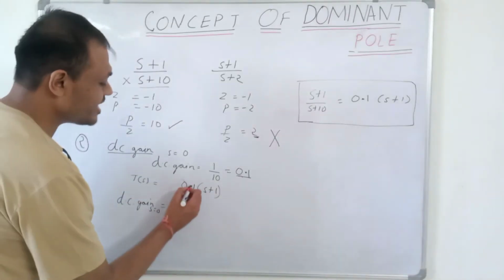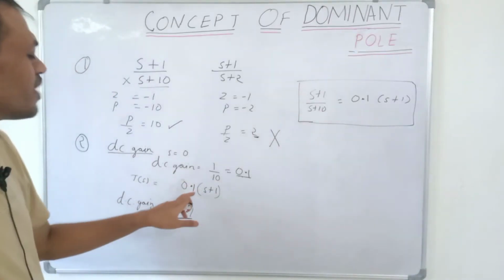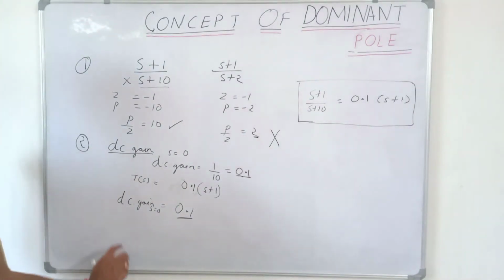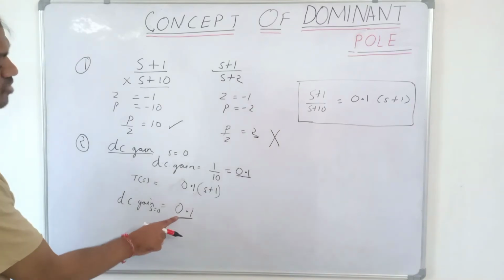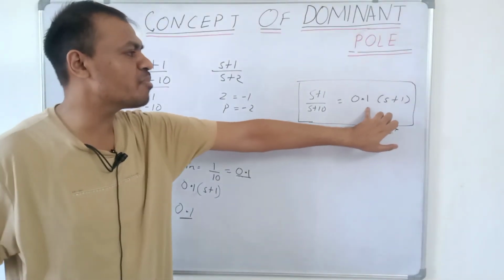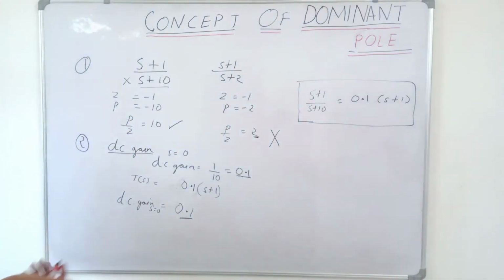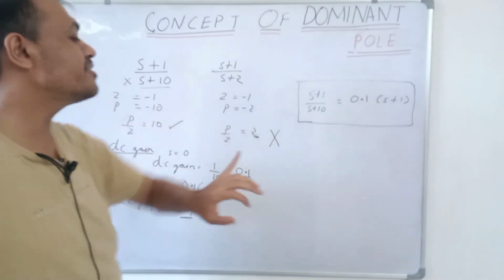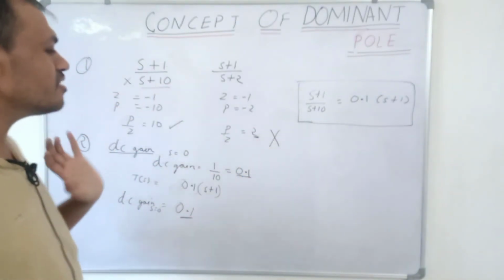So I have to multiply the transfer function by 0.1 to make the DC gain after the dominant pole compensation to be 0.1 again. So we approximate it to be 0.1 (s plus 1), because when we put s equal to 0, then DC gain is 0.1 and before also the DC gain was 0.1.